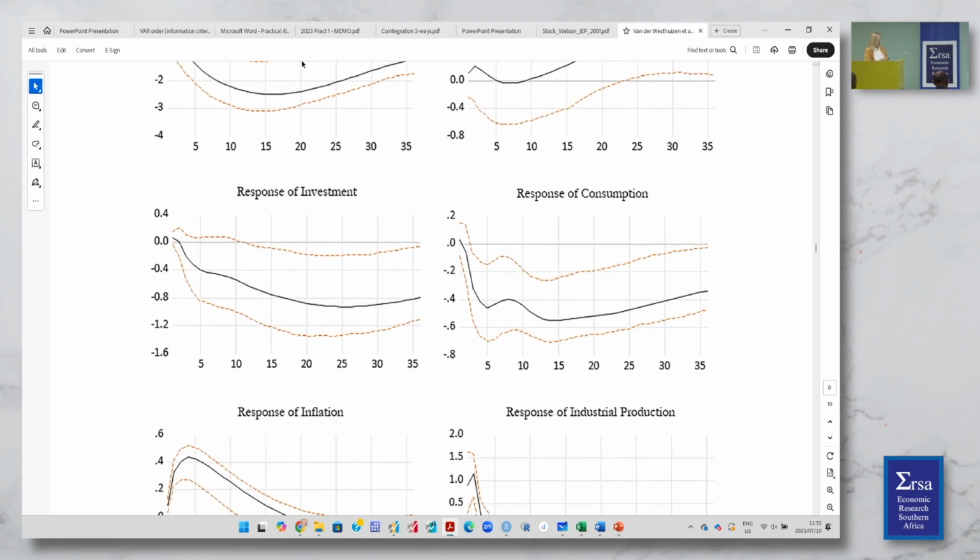Investment has a downward effect. Consumption, which we want to see, is not a great thing, but that's a side effect of higher interest rates. This will cool the economy down through lower consumption.